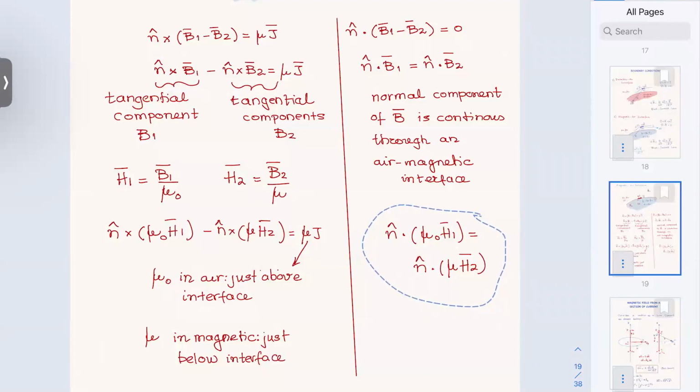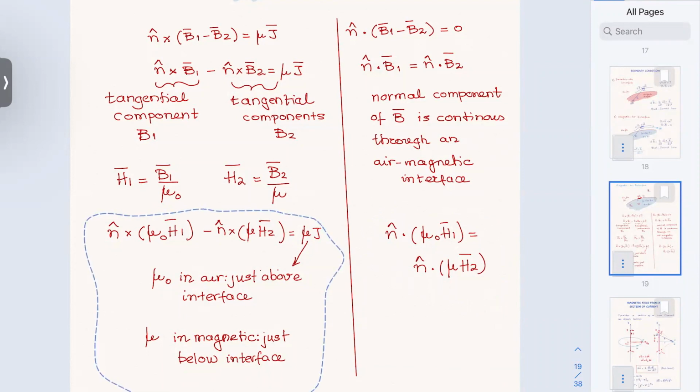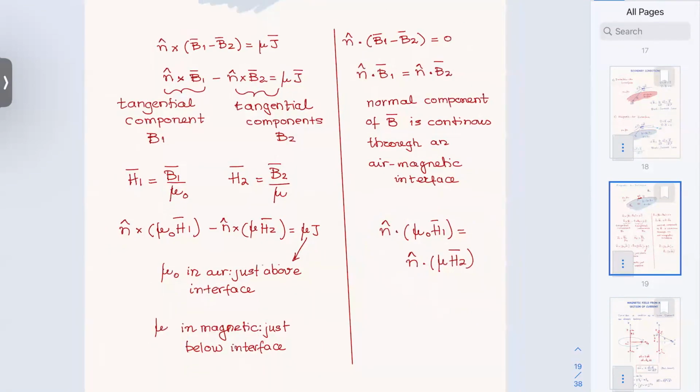Well, not exactly, sorry. I apologize, this is the normal, but we used indirectly this condition. And we ignored, specifically we ignored the field outside.